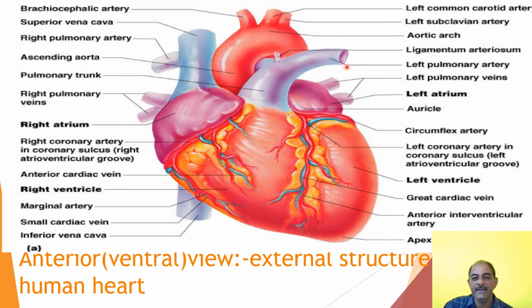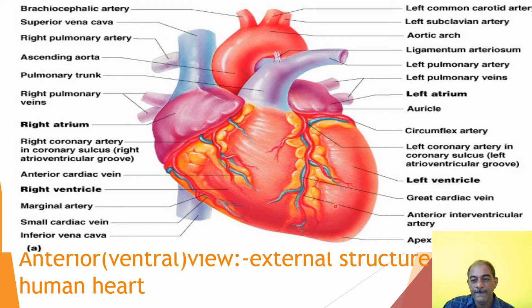Left pulmonary artery, left pulmonary veins, left atrium, auricle, circumflex artery is present here. Left coronary artery in the coronary sulcus, also called left atrioventricular groove. The left atrioventricular groove is present in that region. Here the great cardiac vein is present.